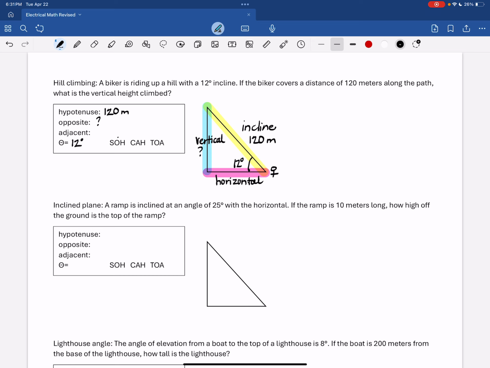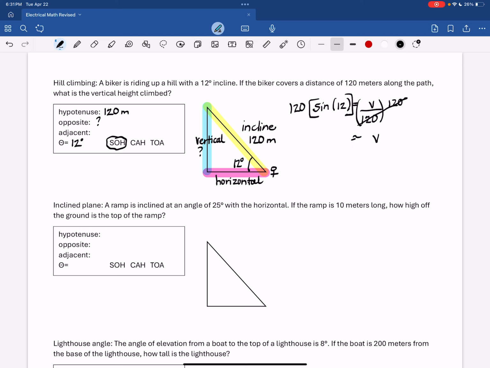Hypotenuse and opposite are related by the sine ratio. So the sine of 12 equals opposite. That's the unknown. It's that vertical distance over 120. So 120 multiplied on both sides. So the vertical distance is 120 times the sine of 12.